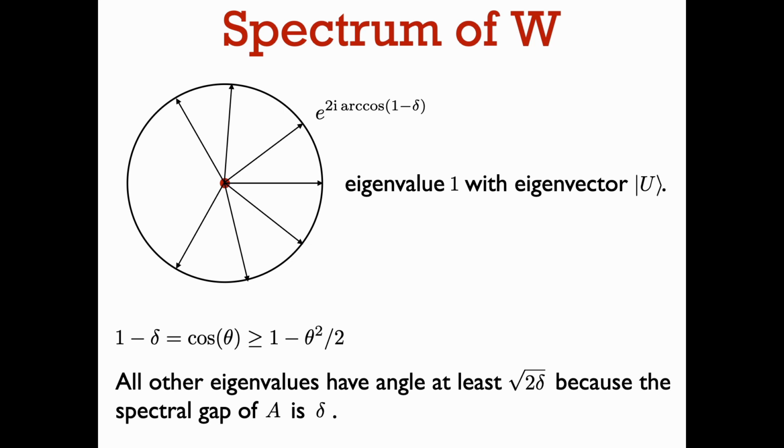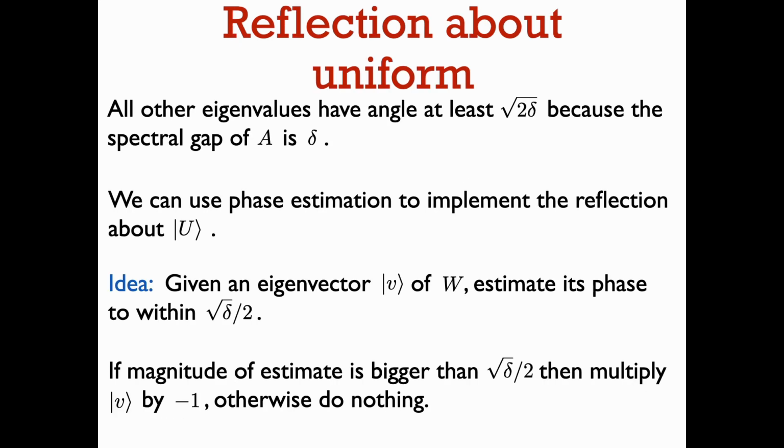In other words, they will be of the form e to the 2i theta, where theta is at least the square root of 2 delta in magnitude. This allows us to implement the reflection about the uniform state with a cost that is proportional to 1 over square root of delta. The idea is to use phase estimation.